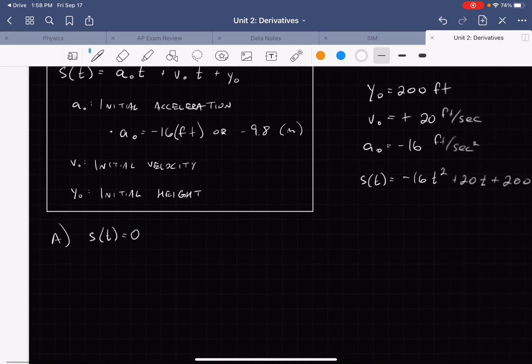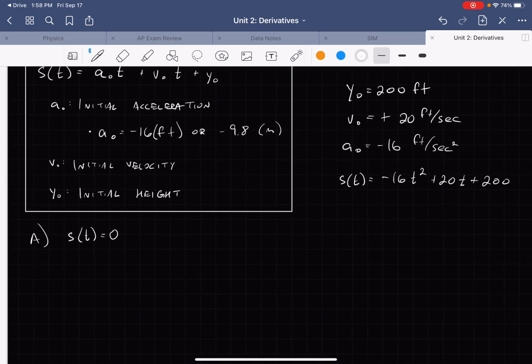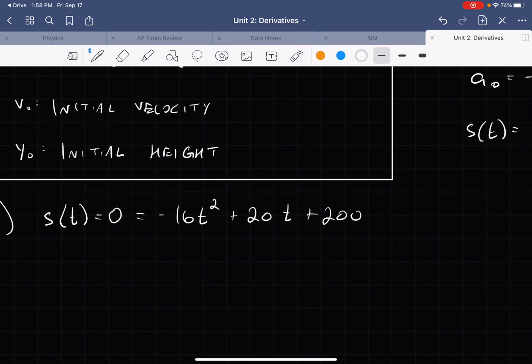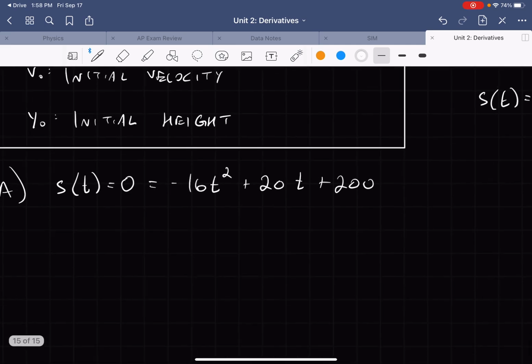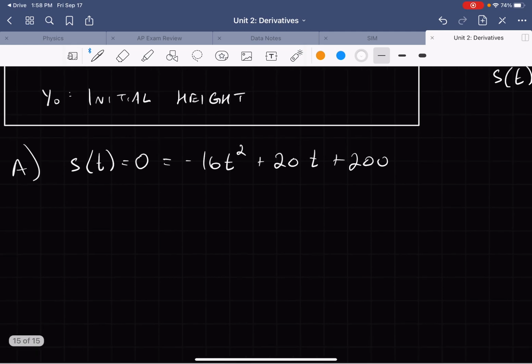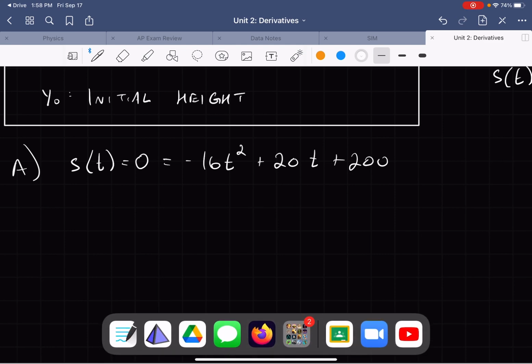So I can take my equation and set that equal to 0. So -16 t squared plus 20t plus 200 would be equal to 0. Now, looking at this, I don't know if we're going to be able to factor this. This is something that you just want to throw in the calculator. I'm going to do this in Desmos just so we can see how to work through it.